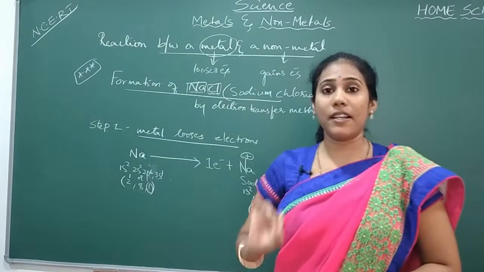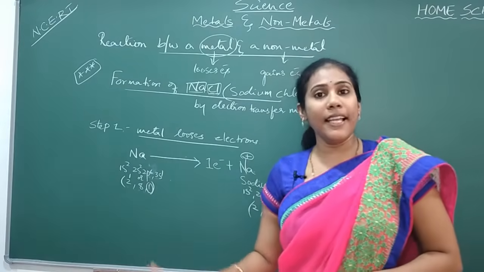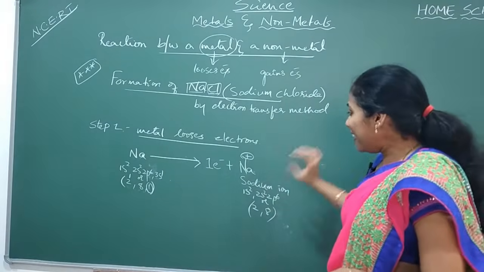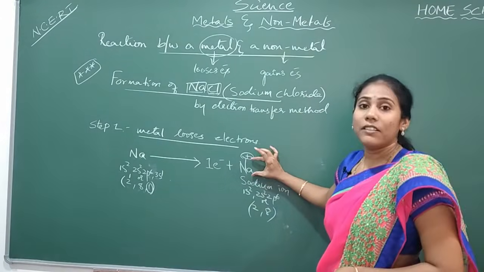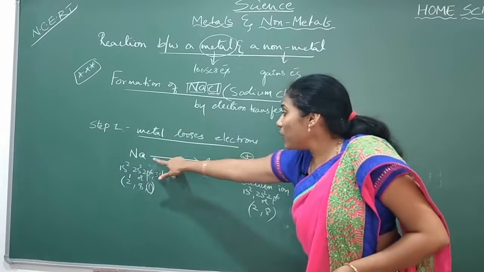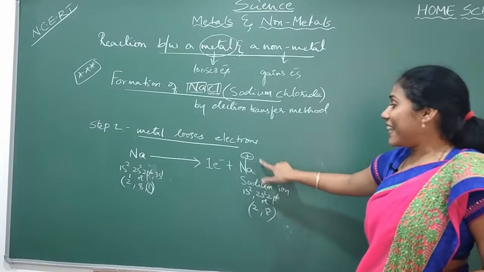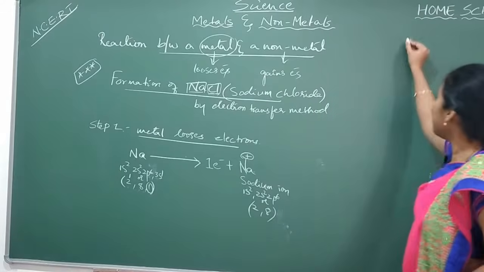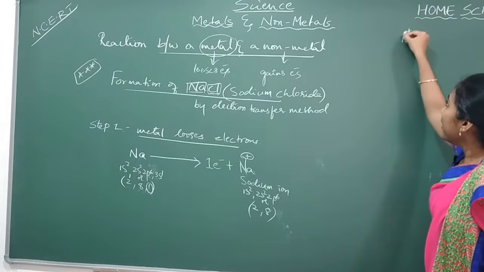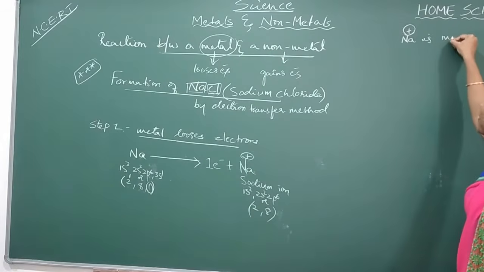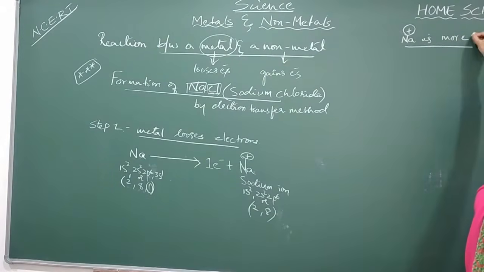It is because if it loses the electrons, it can gain stability. Between sodium and Na plus, Na plus is more stable. Remember guys, Na plus is more stable. To gain stability, an element will always lose or gain electrons.